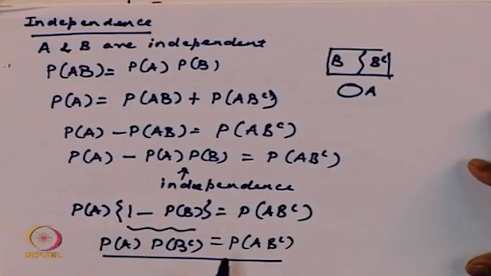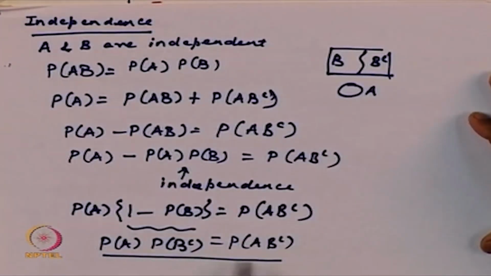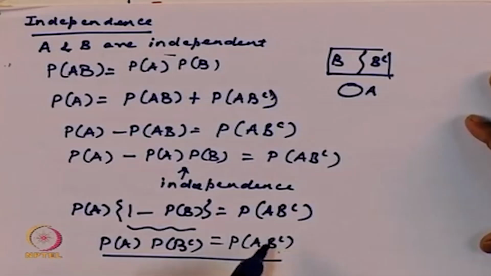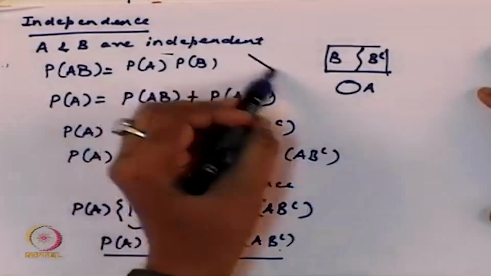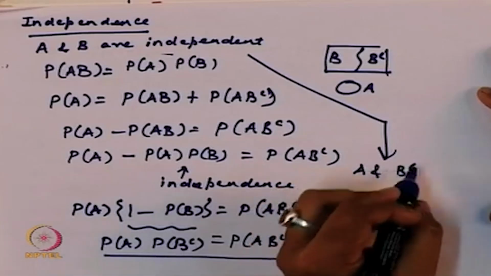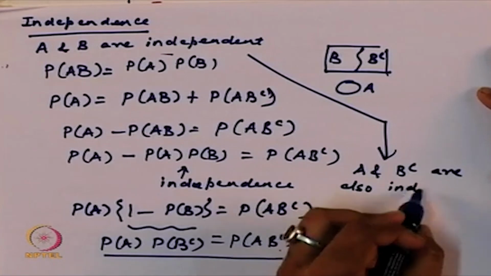So, this tells you that if A and B are independent, probability of A and B complement is equal to probability of A into probability of B complement, which means that A and B complement are also independent.